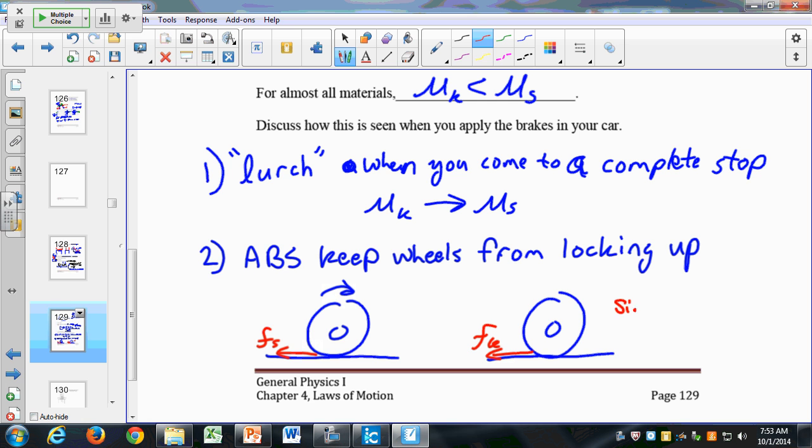And since Fs is greater than Fk, you want your wheels to always turn, because that gives you a greater friction on the road.